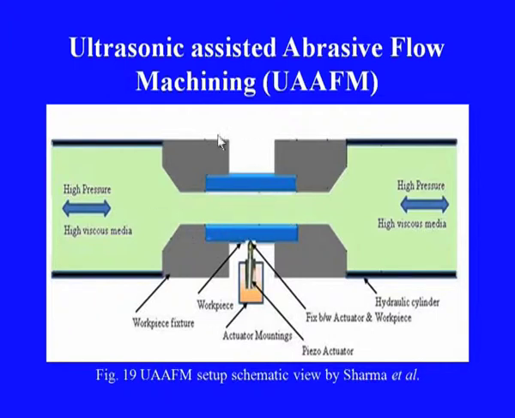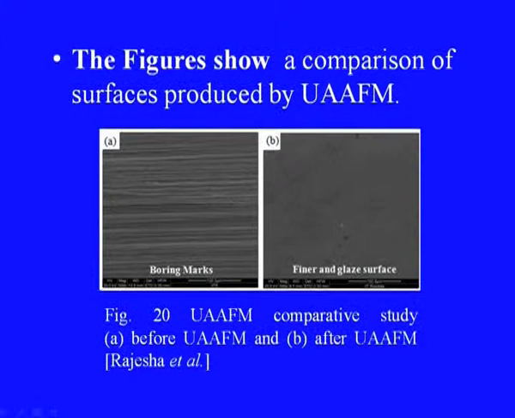This process was also developed at IIT Roorkee in recent years. Here we can see the result of this process, the ultrasonic assisted abrasive flow machined surface, which prior to this was like this, and this improvement in surface finish is nearly 50 times better.